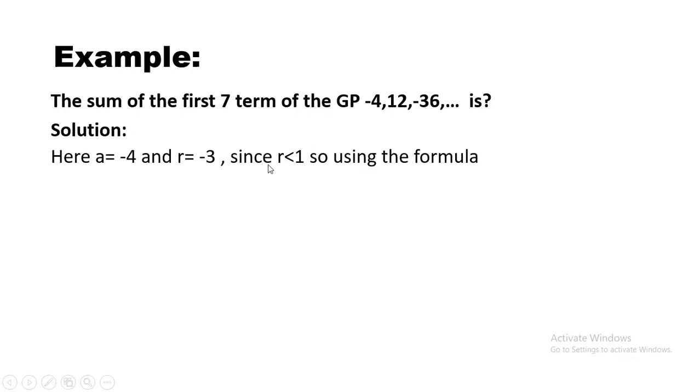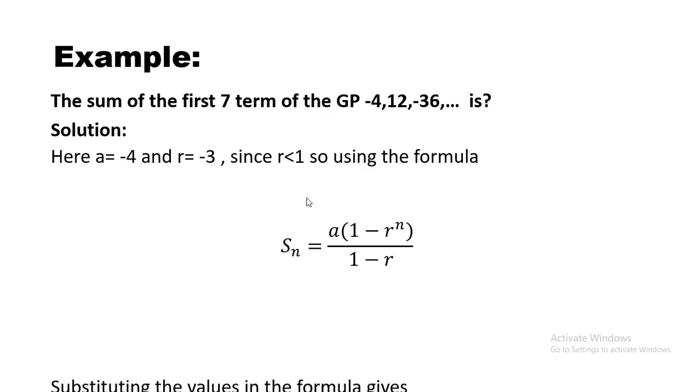Now since r is less than 1, we are using the formula, that is s of n is equal to a times bracket 1 minus r to the power n upon 1 minus r. If the ratio is less than 1, we will be using this formula, and if the ratio of the sequence is greater than 1, we will be using the other formula.